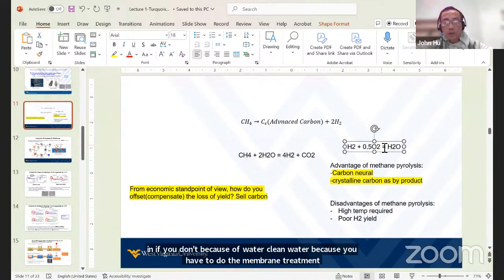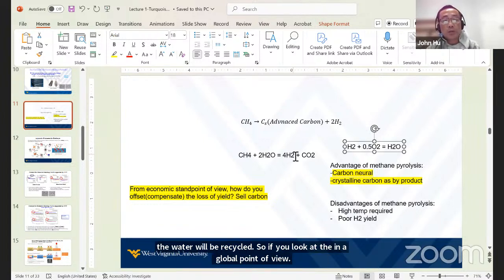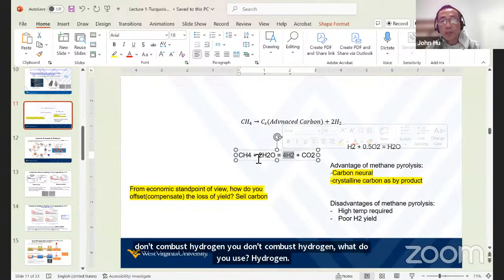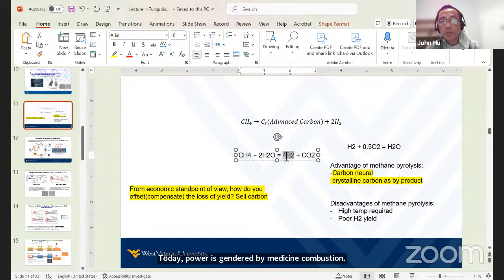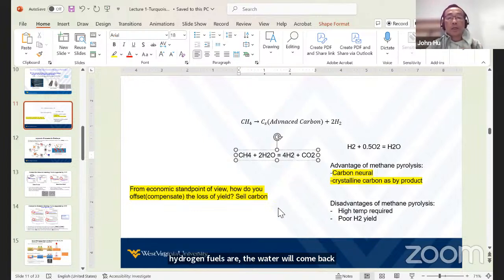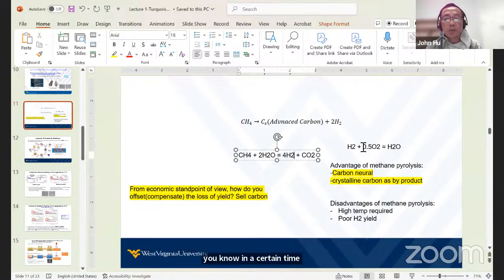If you look at this from a global point of view, unless you don't combust hydrogen, what do you use hydrogen for? You have to use hydrogen to generate power. Today power is generated by methane combustion, but in the future you may have to combust hydrogen, or even run the hydrogen fuel cell, and the water will come back. So it's a good question. You may run into a water problem in a certain time window, but in the long run, this water should be balanced.